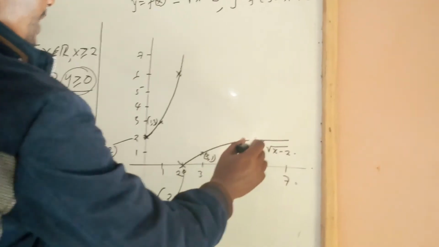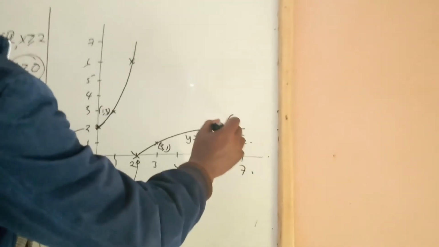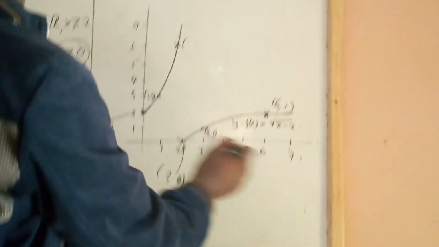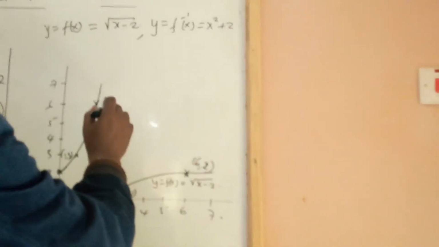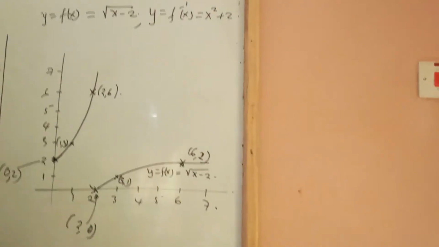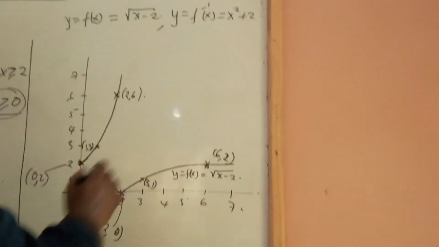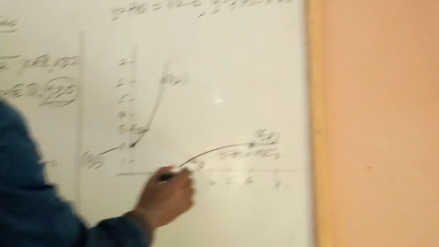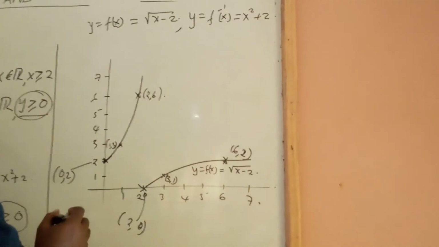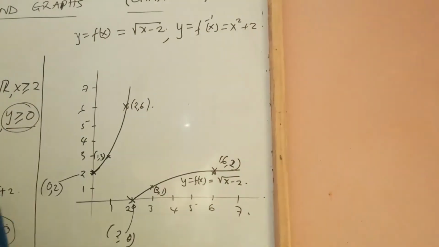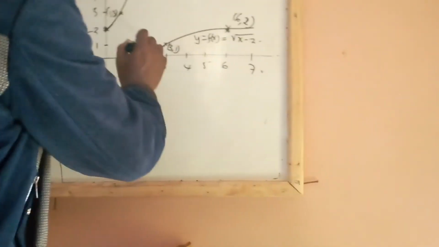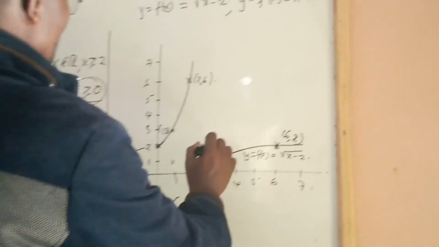Again, if you consider this particular point, whose coordinates are 6, 2, and this point, whose coordinates are 2, 6, then you can see that all these points correspond: this corresponding to this, this to this, this to this. And all those points are a reflection of each other along the mirror line y equals x.